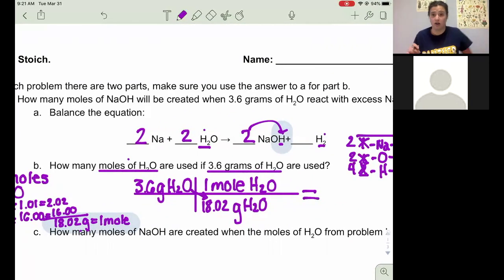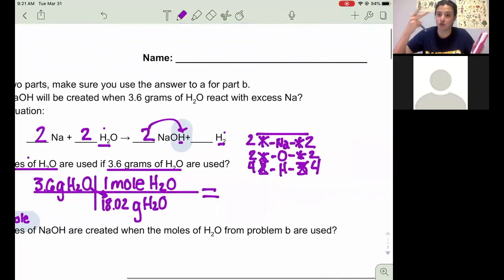I have moles of water on the top. Get my handy dandy calculator. I'm sure most of you are using your cell phones. And I'm going to take 3.6 divided by 18.02 because it is on the bottom. And I get this number. I do not need all those decimal places, so I'm only going to give myself 2 decimal places.